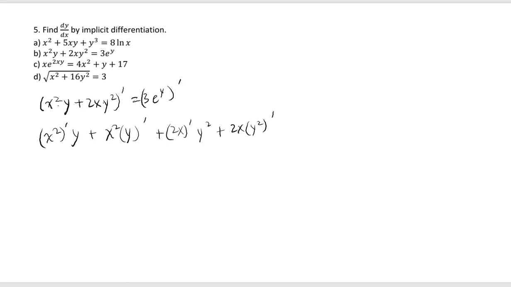Here, this is the derivative of this second part, where I use the product rule. And then on the right side, y is a function of x nested inside the exponential function, so it's 3e to the y times y prime. x squared prime is 2x. 2x prime is 2.